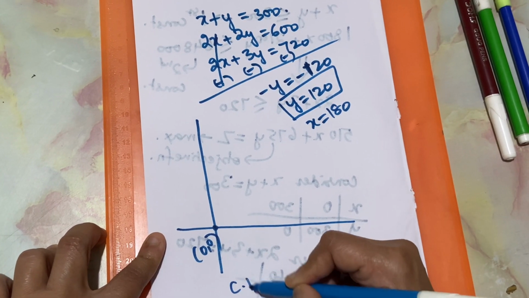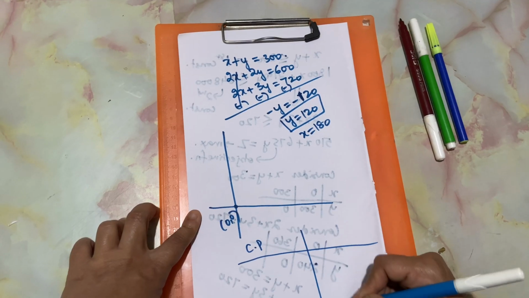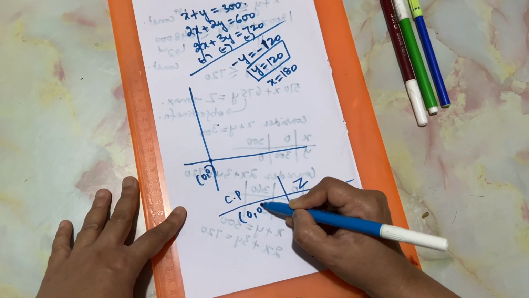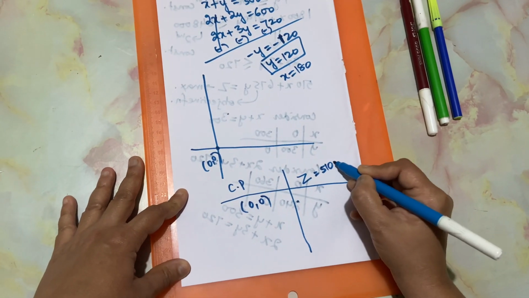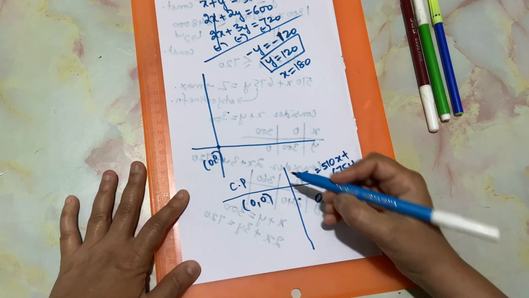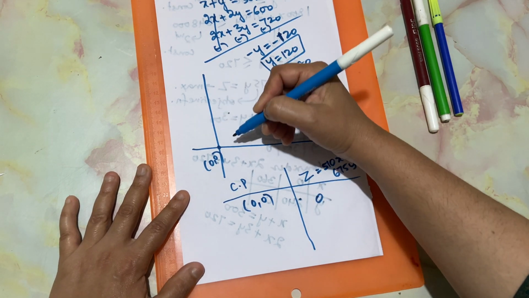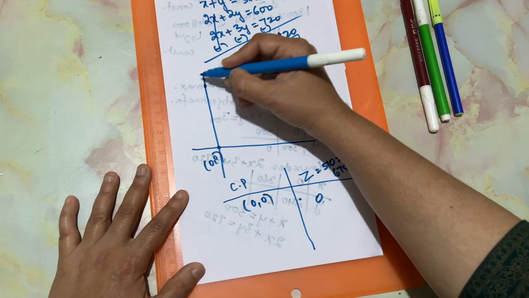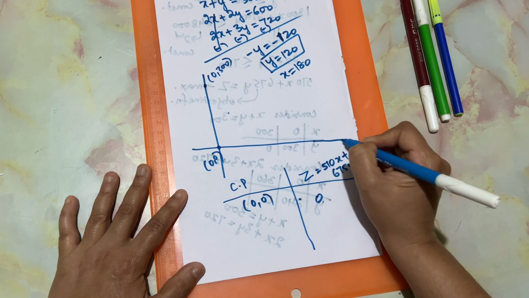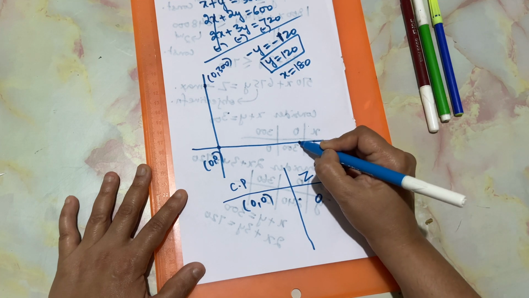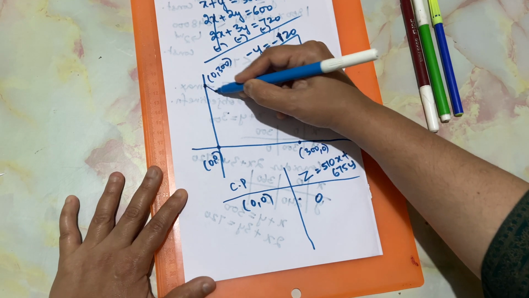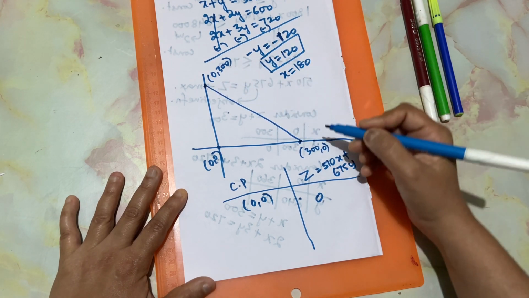Now I plot the graph. I have got corner points and the function. One is 0, 0. It is 510x plus 675y. Here I get 0. We have got one value to be 0, 300 and another value was 300, 0. This is one line.